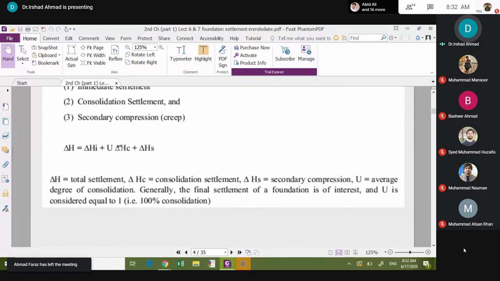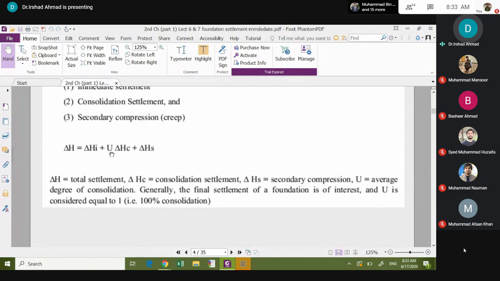Primary consolidation, which is delta C, is a time-dependent process. At the start, delta C is 0. At the end of consolidation, it is maximum. So U, which is the average degree of consolidation, takes account of this factor. For example, if you want to find delta H right at the start of the process, then U would be 0, because there will be no contribution of consolidation settlement to the total settlement.